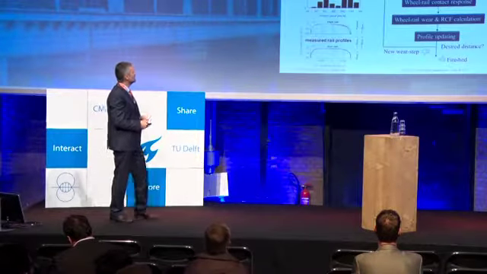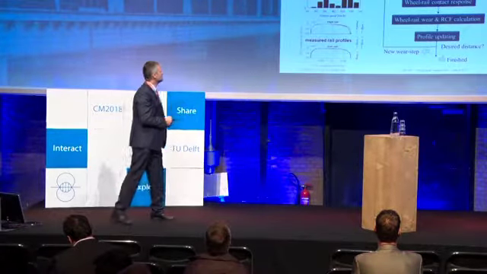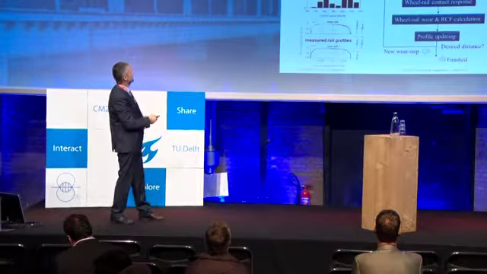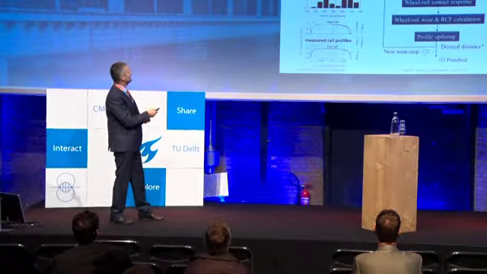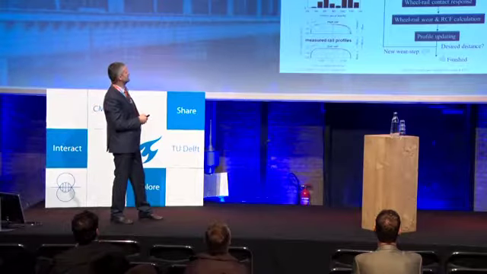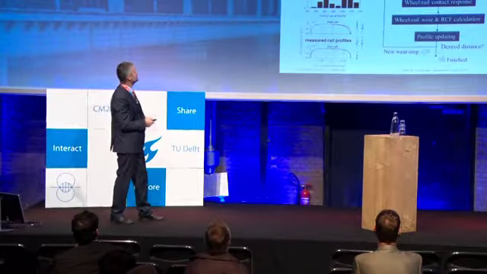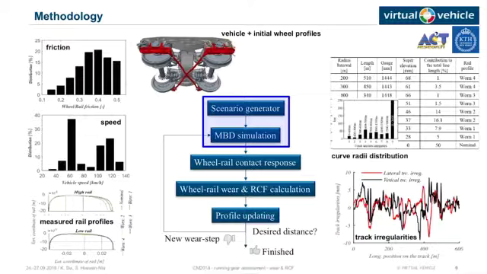A bit more detail about the scenario and the multi-body dynamic simulations. Here is an example of a vehicle model. In this case, we use Gensys for the multi-body dynamic simulations. Regarding track, we have certain classes of rail curve radii. On the frictional side, we use distributions to get some stochastics into the system.